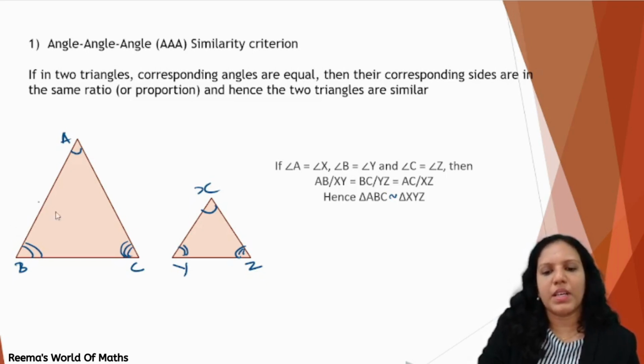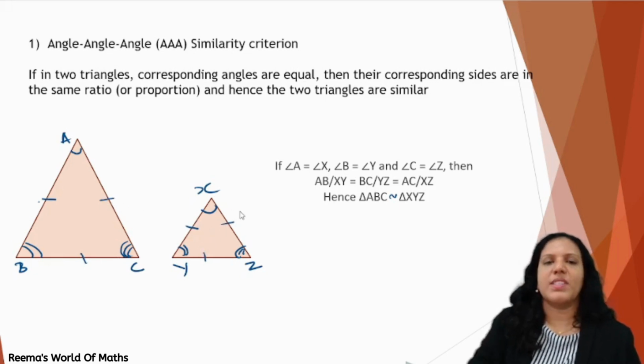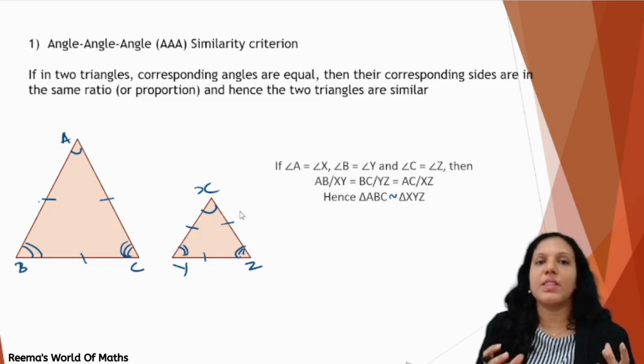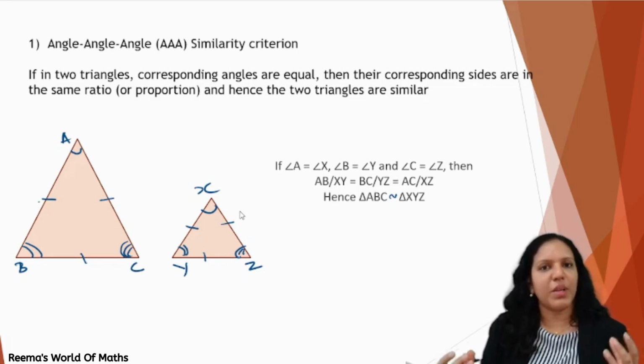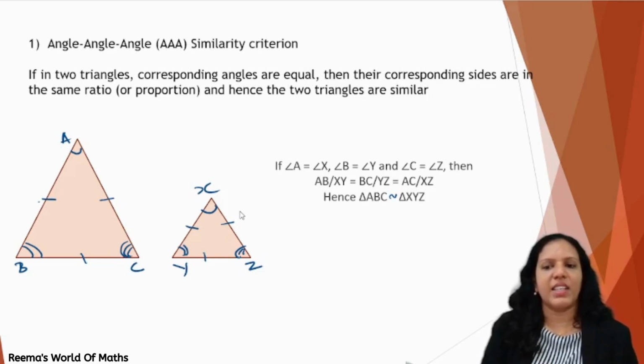So the corresponding side of AB will be in proportion to XY, BC will be in proportion to YZ, and AC will be in proportion to XZ. This is the first criterion to prove two triangles similar, which is angle, angle, angle.